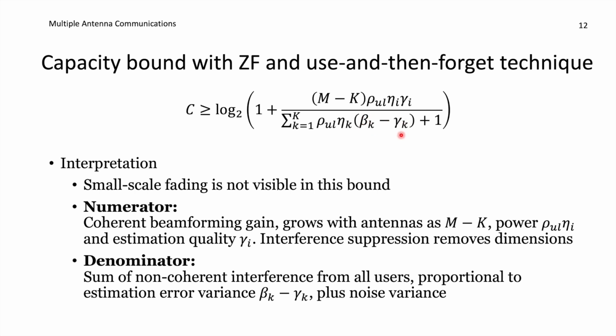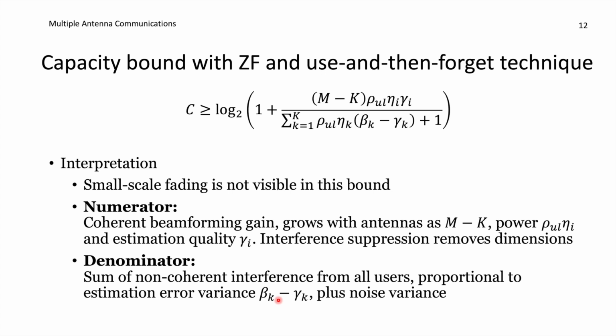This happens because we have taken the true channel, divided it up into the estimate that we know, and the estimation error. And for the estimate, we have taken away the interference using zero forcing. But for the estimation error, we don't know it, so we still have some uncertainty there. We cannot get rid of any interference. So we are effectively getting interference here as if the true variance of the channel was equal to the estimation error variance.